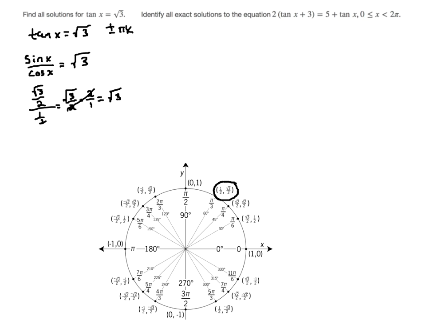So that happens when x here is equal to pi over 3. So x is equal to pi over 3, or any subsequent rotations through that period. So I have to add or subtract pi k, because the period of tangent is pi, not 2 pi. So those are my solutions for the tangent of x equaling the square root of 3.